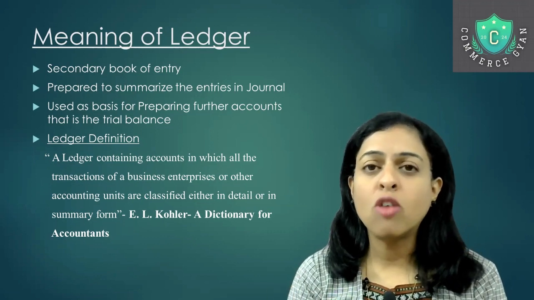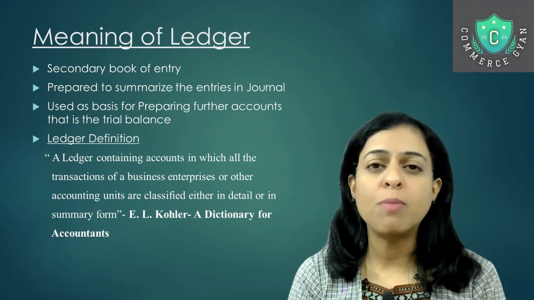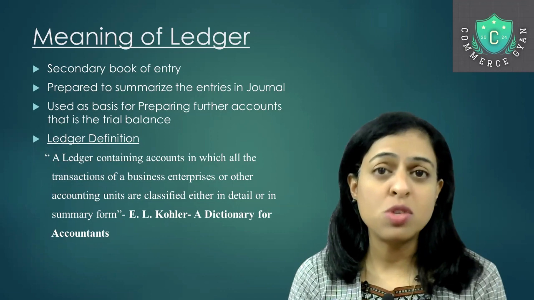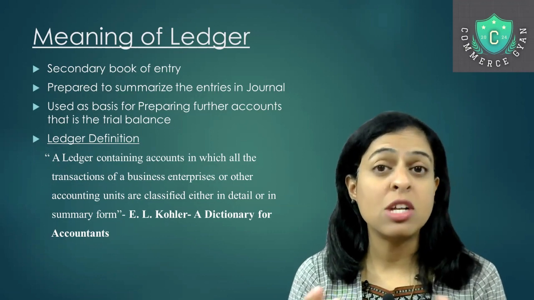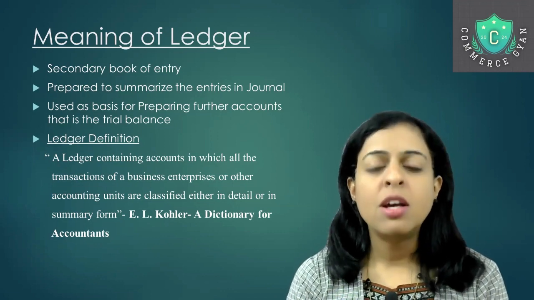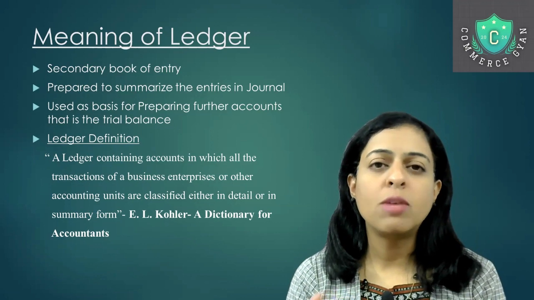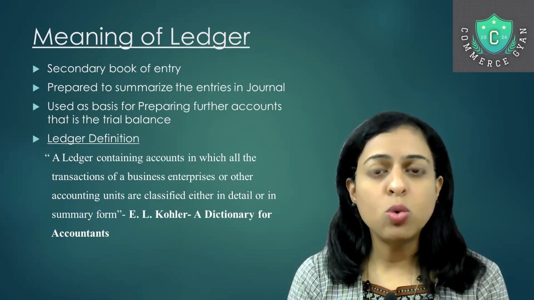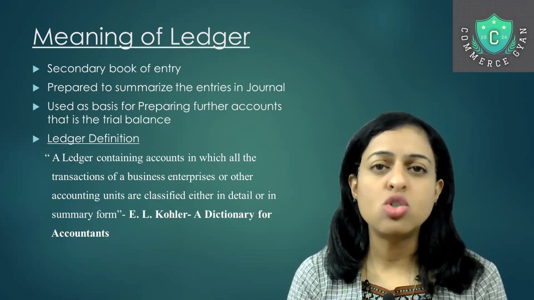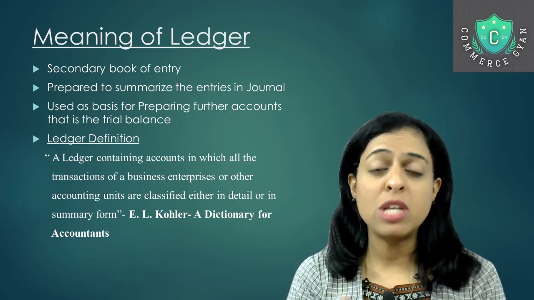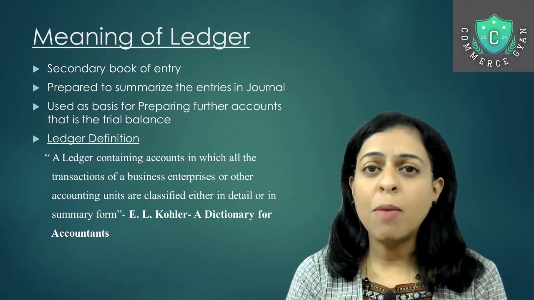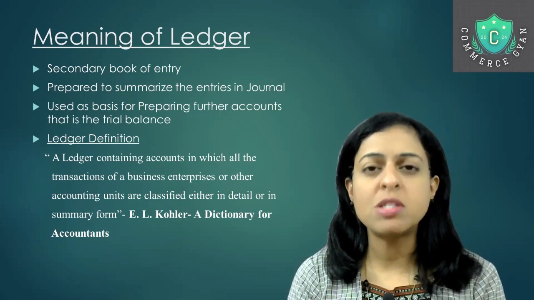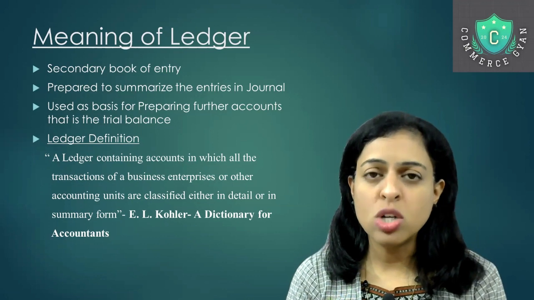And if you're talking of a multinational company or a huge company which has made 100 invoices or 5,000 invoices in a day, it will be such a huge task. Accounts cannot be a process which can't give you quick results, because you have to take certain decisions based on those amounts and figures and numbers that the accounts are giving you. So for that purpose, ledger is a very crucial area.